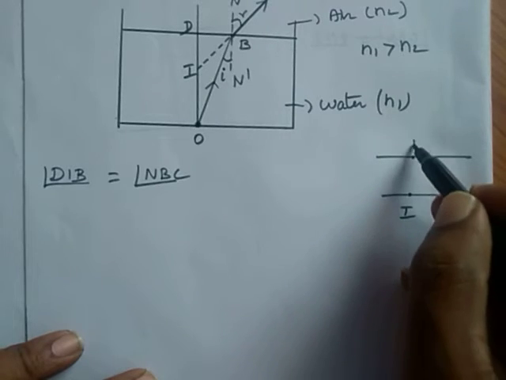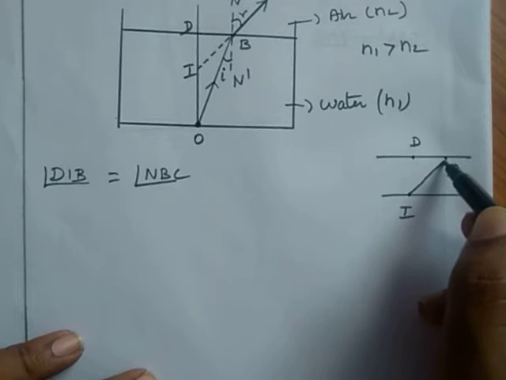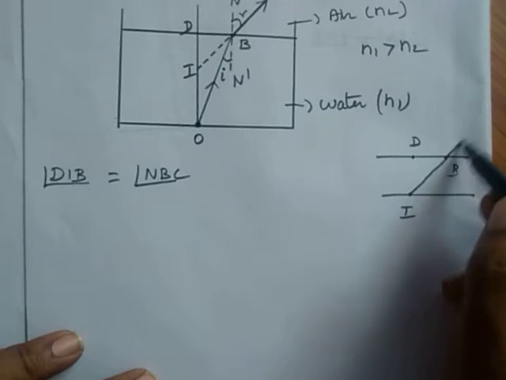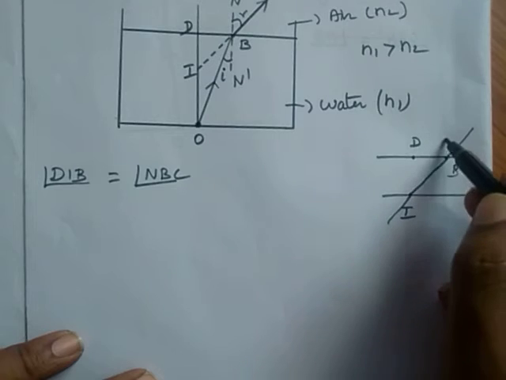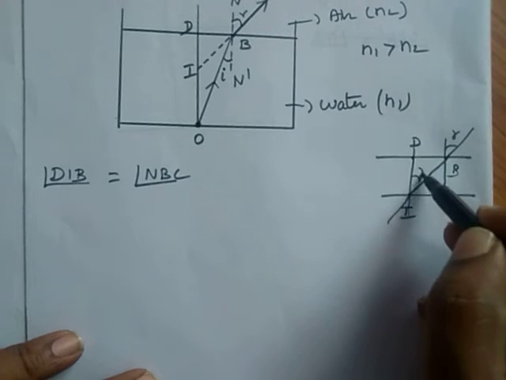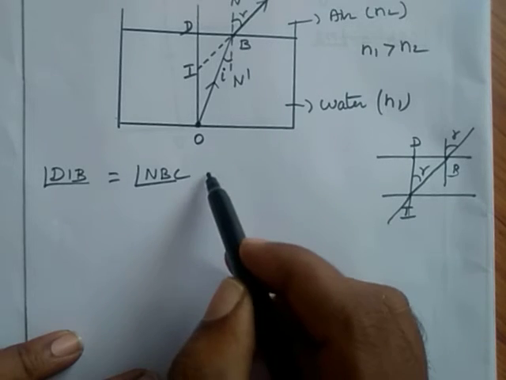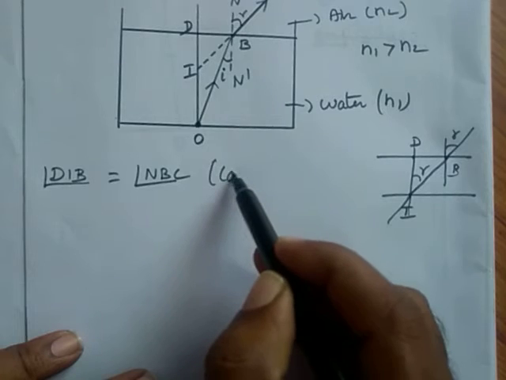Here it is D, here it is B. This is R, so we can write this one also R, because DIB and NCB are corresponding angles.